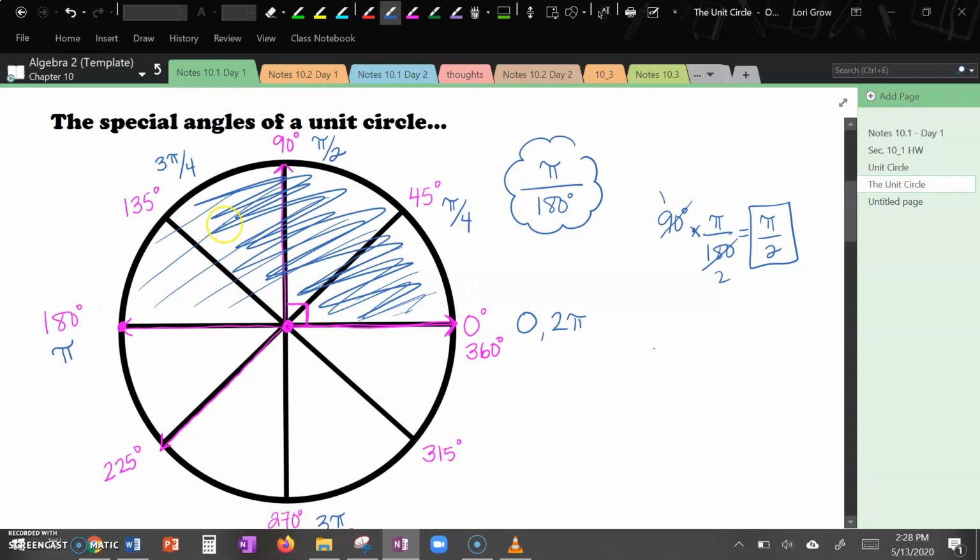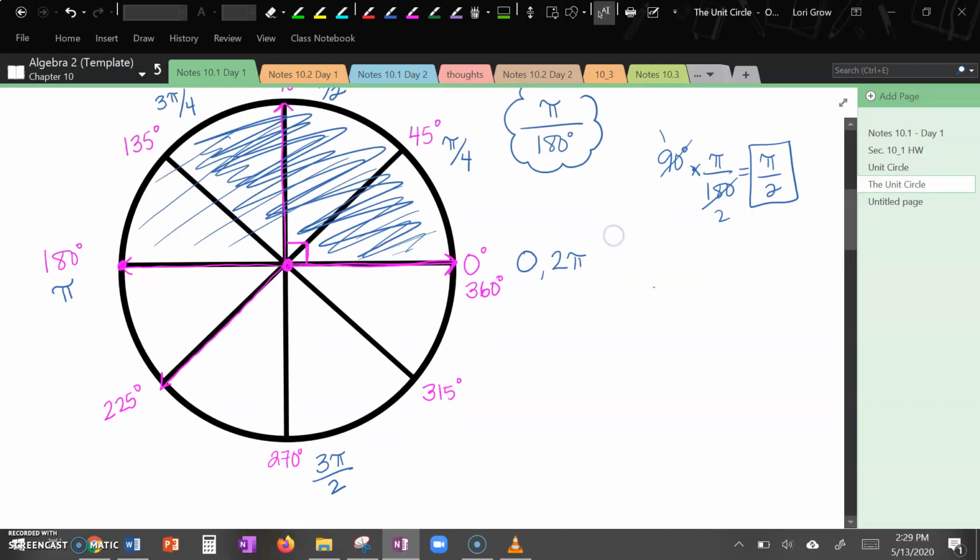of pi. It's a little bit confusing because pi is only half of a circle, so this is 3/4 of half of a circle, right? Keep going and you get 4/4. 4 over 4 is just 1 or 1 pi. 5/4. 6/4 is 3 pi over 2. 7/4.